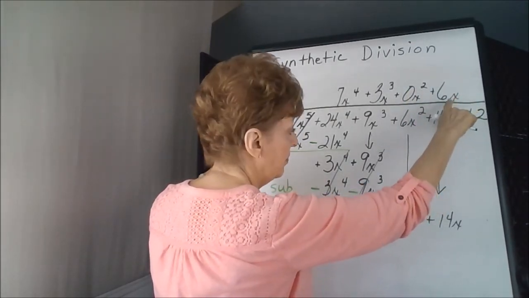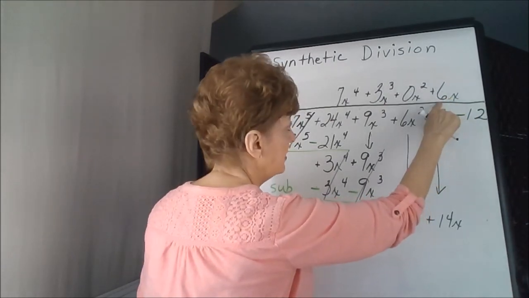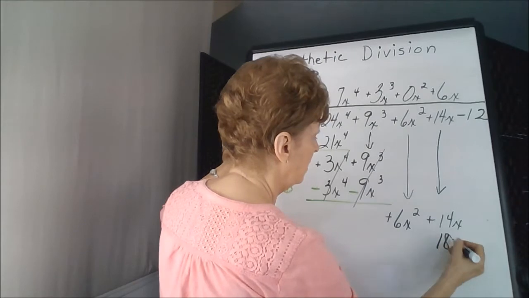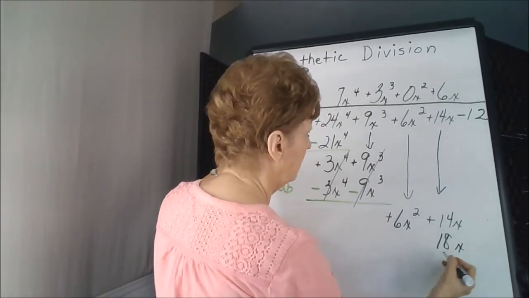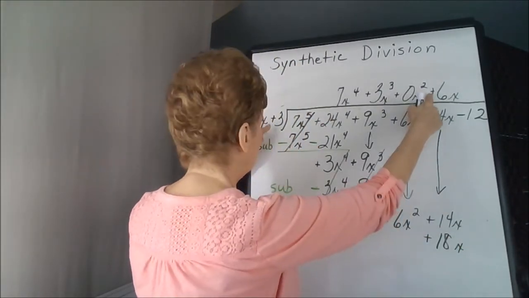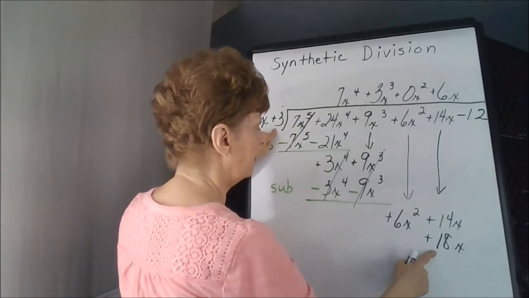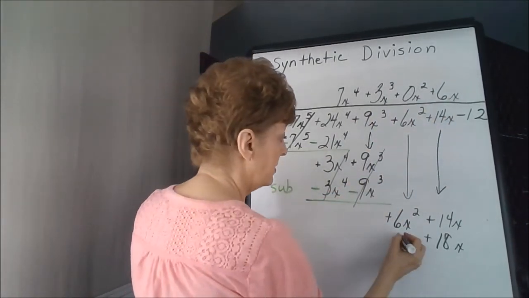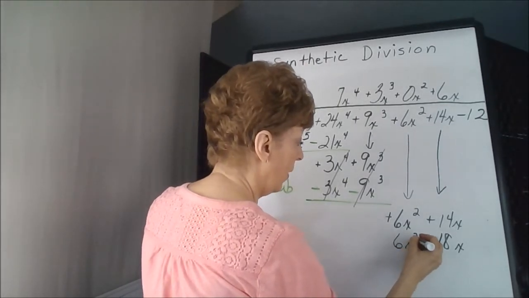Now we are going to do our multiplication. 6 times 3 is 18x, and that's a positive because positive times a positive is a positive. 6x times x is 6x squared.